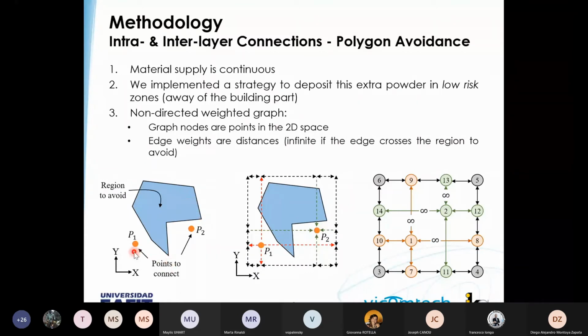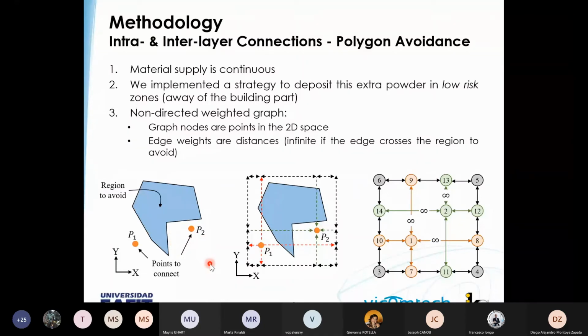We had to connect two points, P1 and P2, and there is a region here in blue that we have to avoid. We can see that if we try to connect P1 and P2 directly with a straight line segment, we would cross this region. So we wanted to generate a trajectory that was able to avoid it.